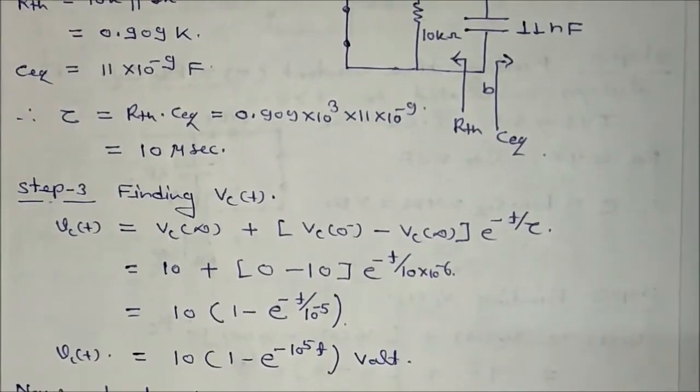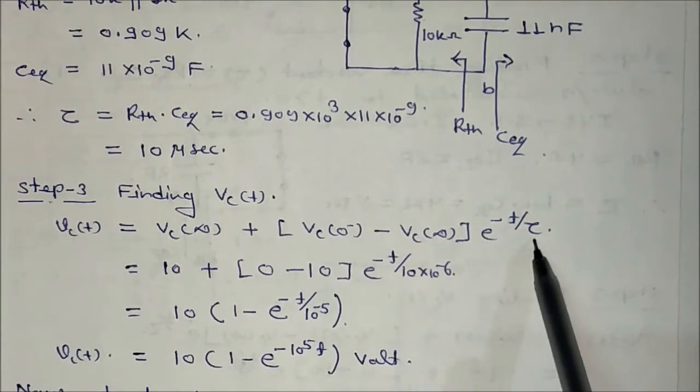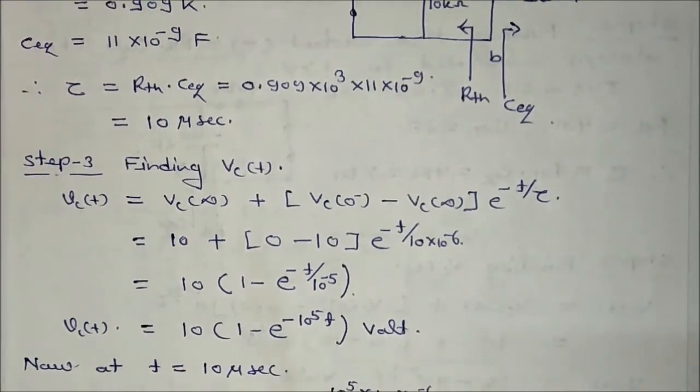Now the last step is what? Finding VCt. If I calculate VCt, we know the value of VC infinite, we know the value of VC0 minus, and we know the tau value. What you will get? You will get VCt is equal to 1 minus e to the power minus 10 by 5 t volt. Now it is asking the peak value.